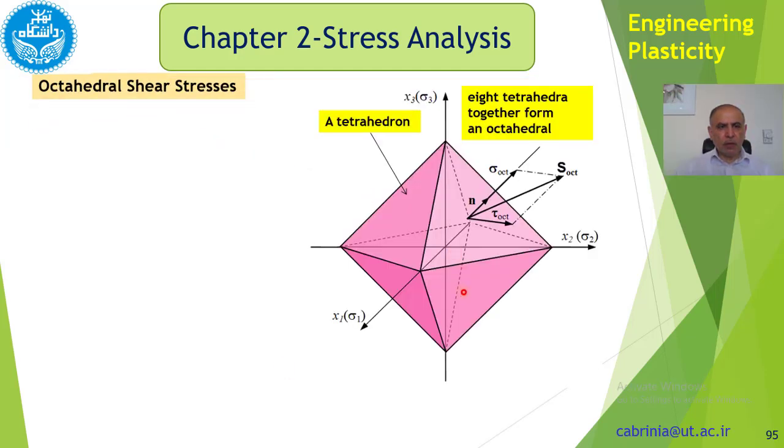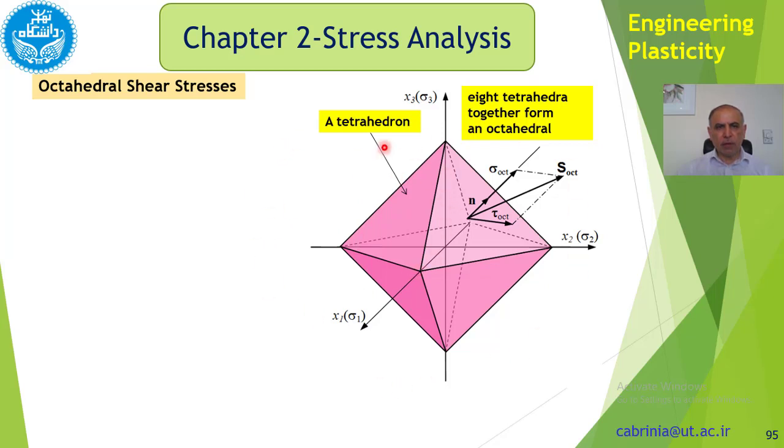This is the octahedral shear stress, which is very important. As you can see, we have this shape here. The base is a square and the sides are triangles. We call this a tetrahedron.